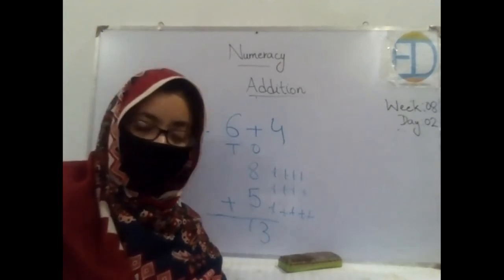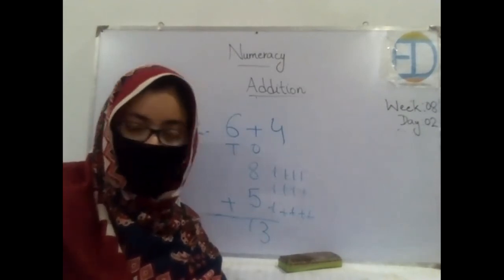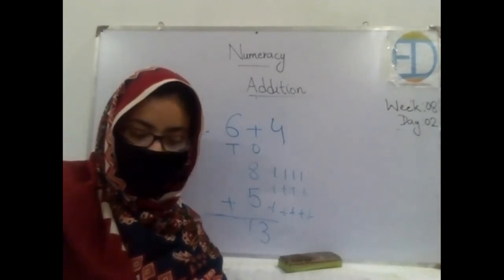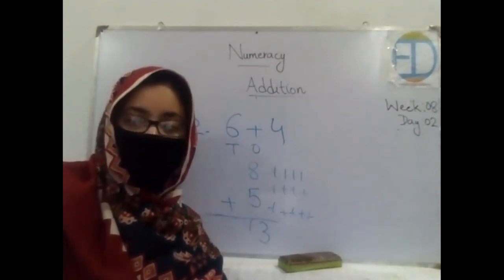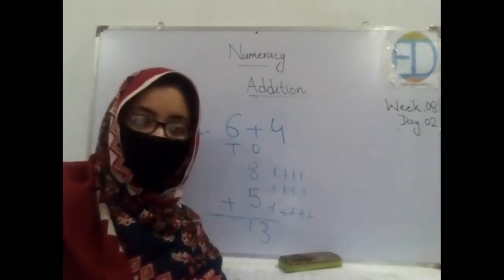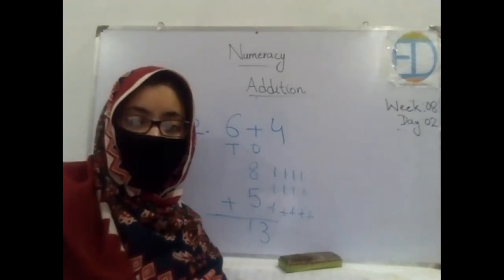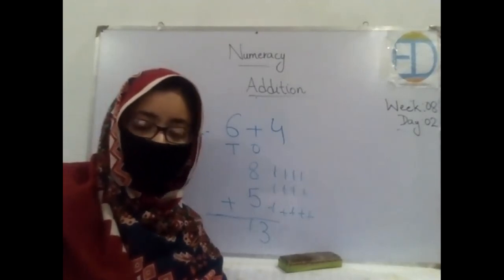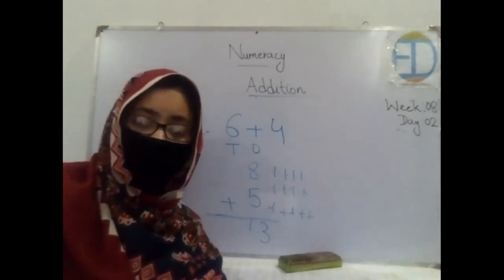It's 15. Excellent. Yes, Ali, you tell me about the sixth one. In the vertical order, okay, you put 5 plus 7, then you write the placing values. Excellent. And the answer is number 12.